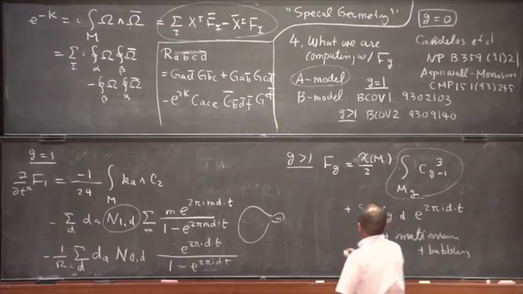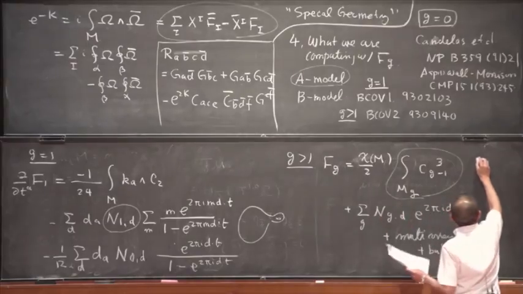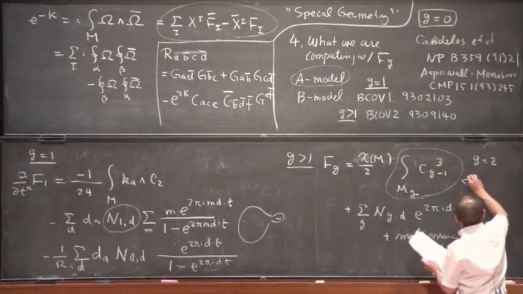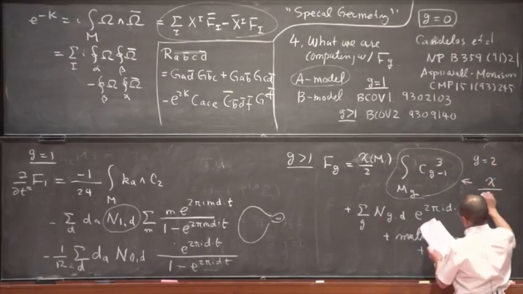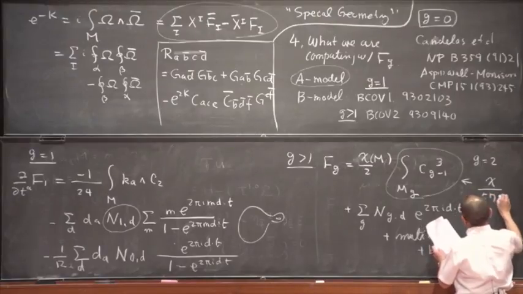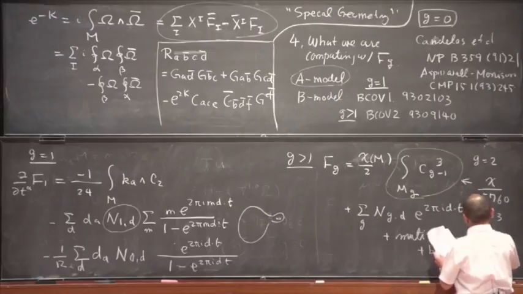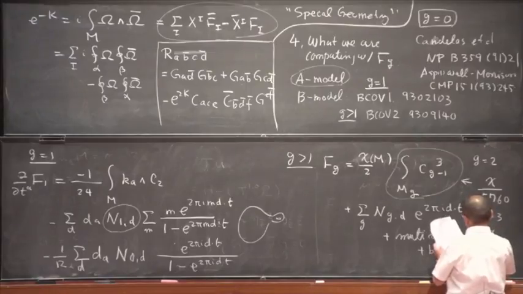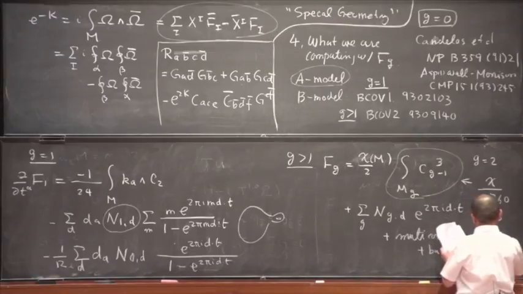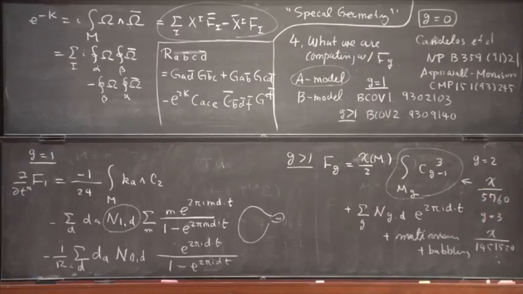So for example, for G equal 2, this term is given by chi over 5,760. And for G equal 3, it is given by chi over 1,451,520, etc. So these are totally explicitly computable.